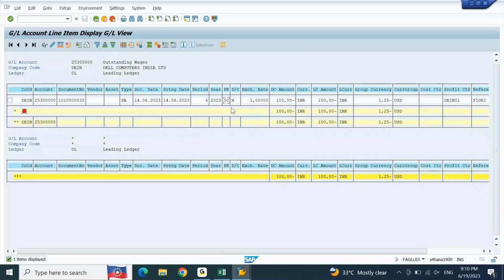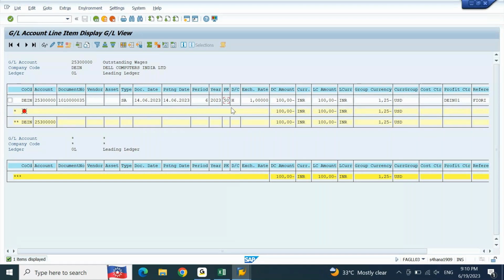Now, when you're talking about clearing entry, you're talking about making it a zero. If I want to make this minus 100 zero, I need a plus 100. When you're talking about clearing, you're talking about making it a zero. To make it zero, you should always look at what is the current number, whether it is a positive number or a negative number.